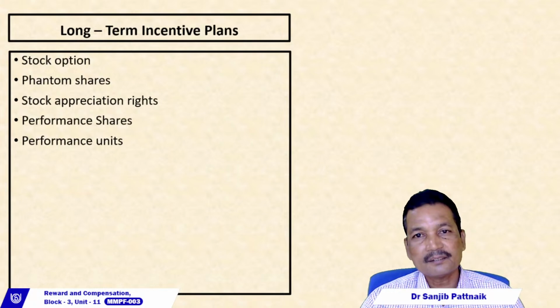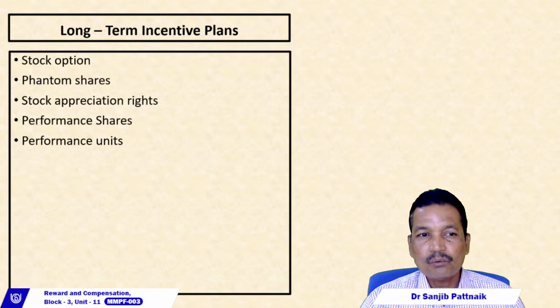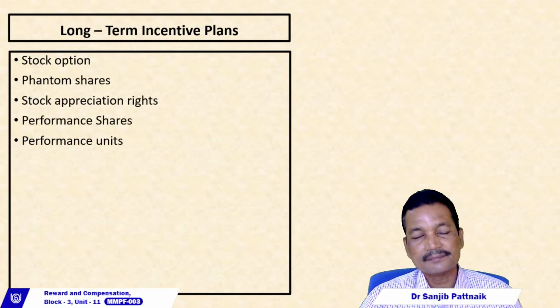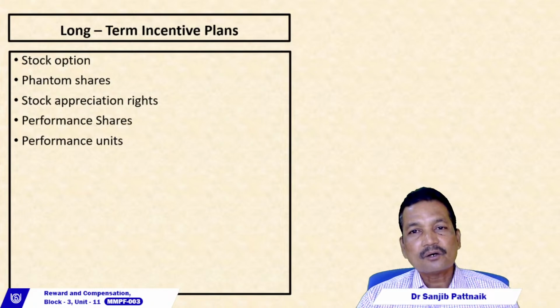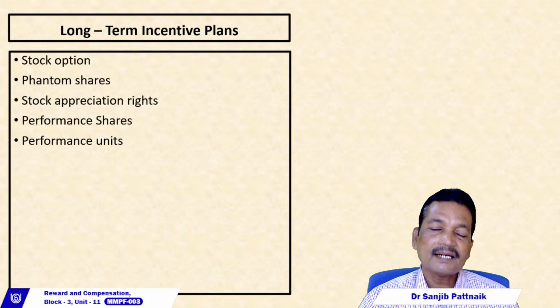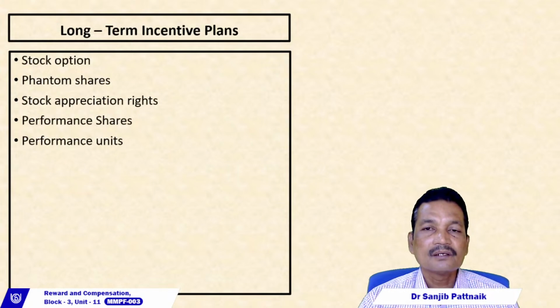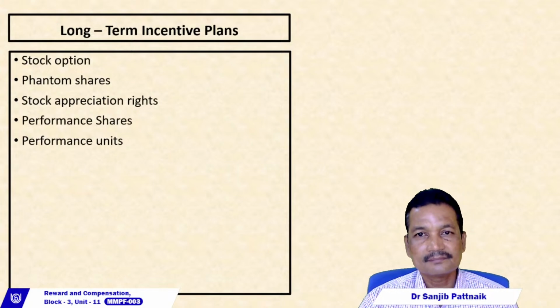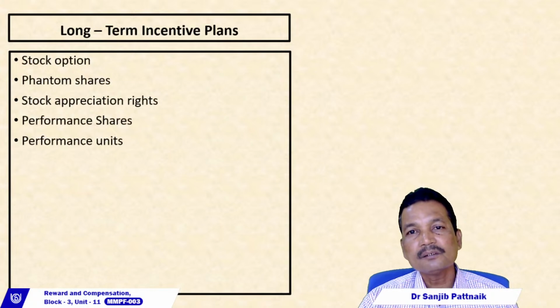Another way is phantom shares. The word phantom reflects something invisible or ghost, just for namesake, we can say. What happens? The organization on its record increases the number of shares and issues them in lieu of the bonus amount.